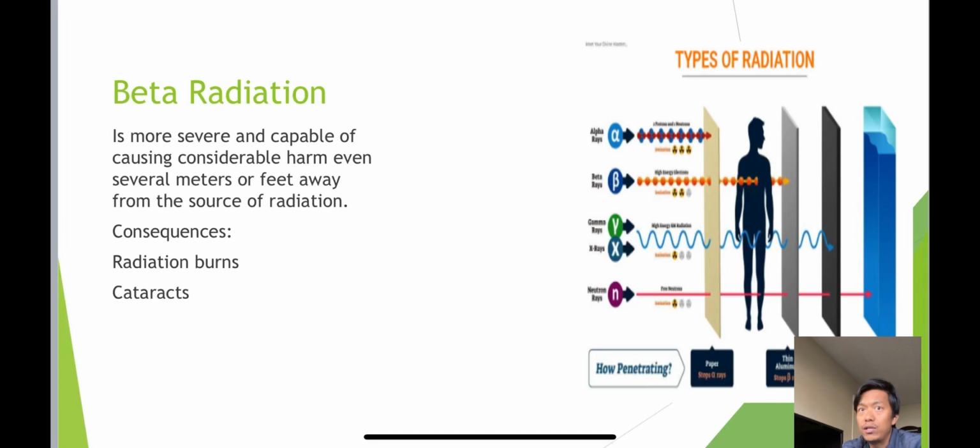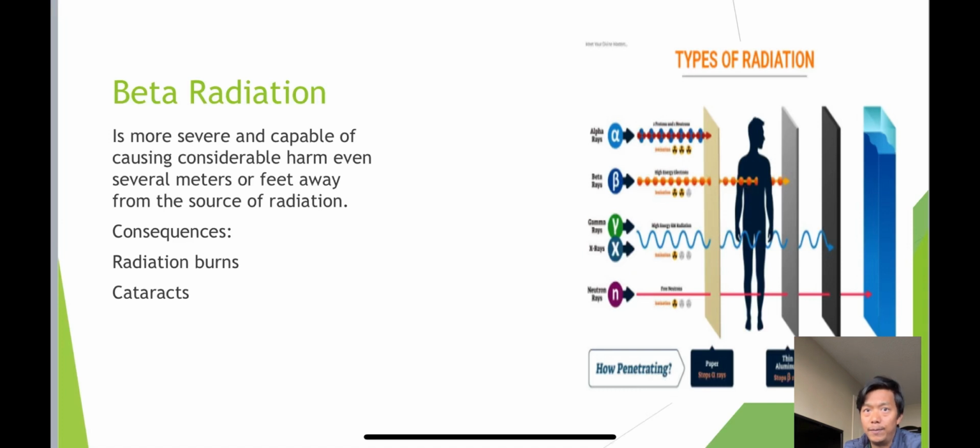In the case of beta radiation, it is more severe and capable of causing considerable harm even several meters away from the source of radiation. I forgot to mention that radiation also depends upon the length of stay, how far or near you are staying. It also affects a person's life.